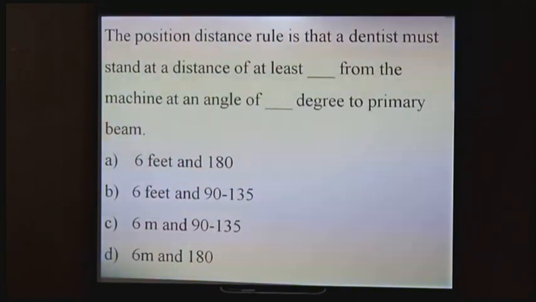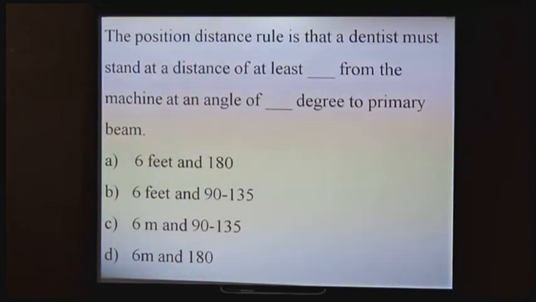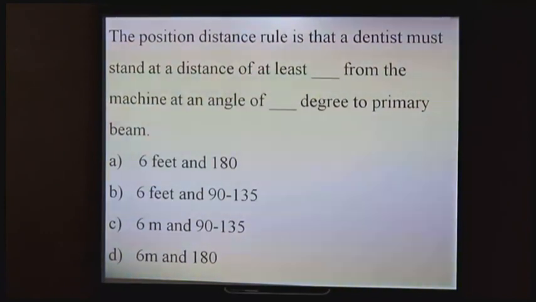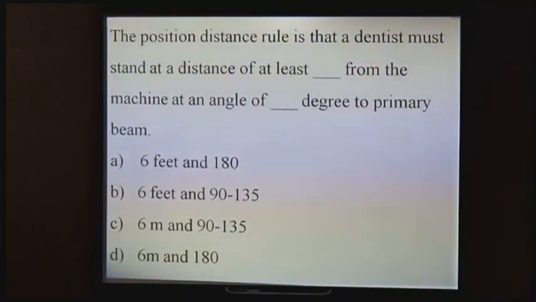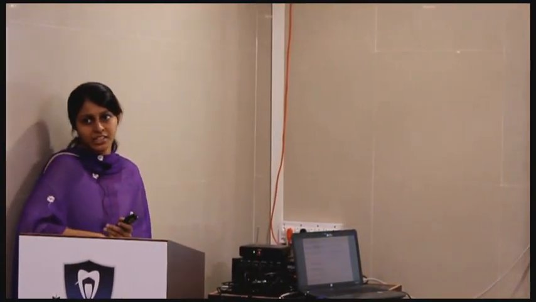The position distance rule is that a dentist must stand at a distance of dash from the machine and at an angle of dash degree to the primary beam. 6 feet, it's not 6 meters, 6 feet distance and 90 to 135 degrees.